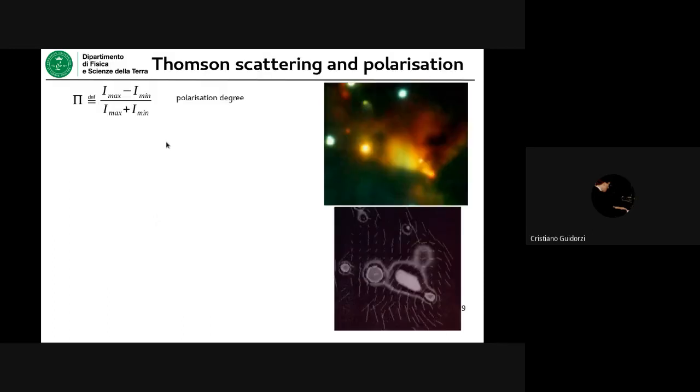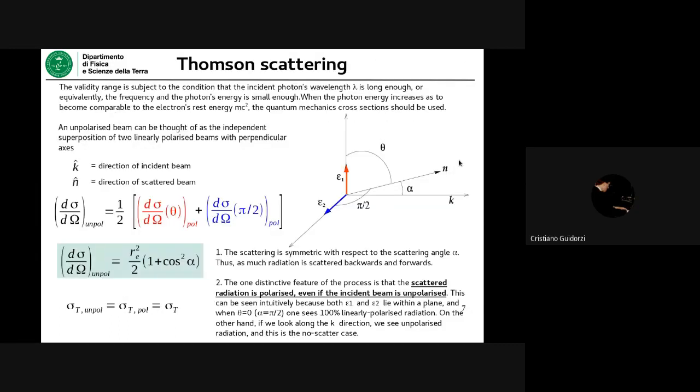But the point I wanted to make is that indeed the polarization degree is the maximum intensity you have in one direction minus the minimum one you have in the other direction. And this tells you the polarization degree. If you look at this figure here, you see that this is 1, and this is the intensity, the projection of the electric field that you see perpendicular to this direction is this guy here.